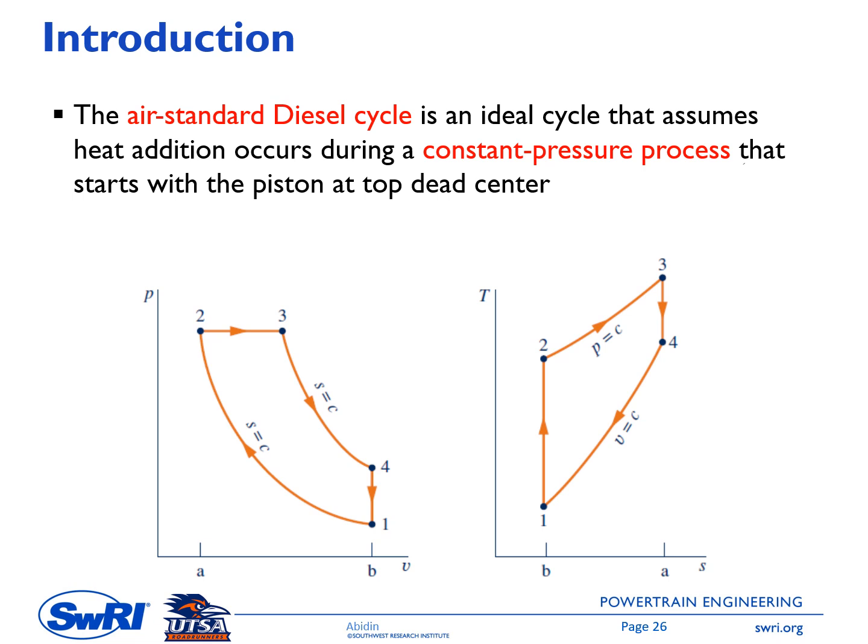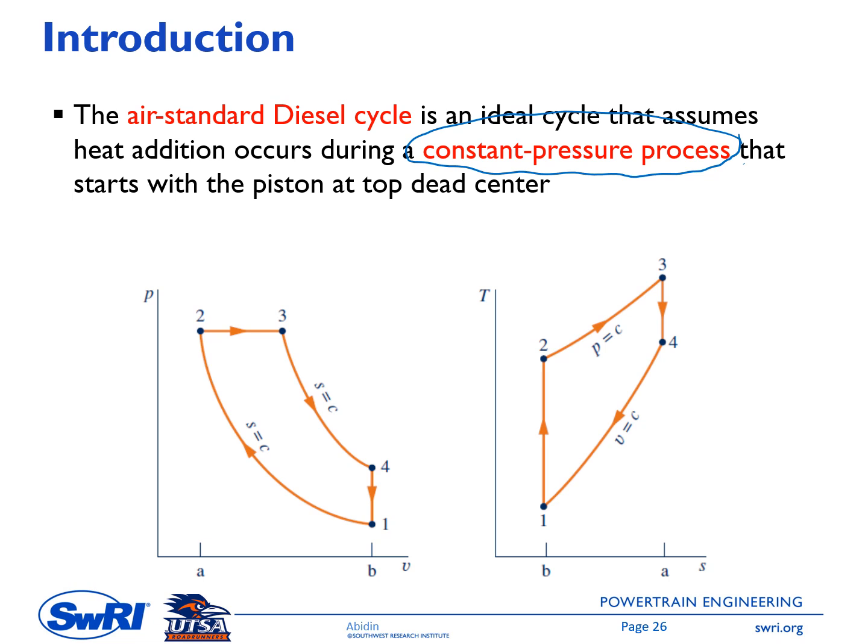Okay, so this is the keyword, constant pressure process. This differentiates the diesel process from the Otto process. So in the Otto cycle, in the previous topic, the heat addition occurs during a constant volume process. In this diesel cycle, the heat addition occurs during a constant pressure process.